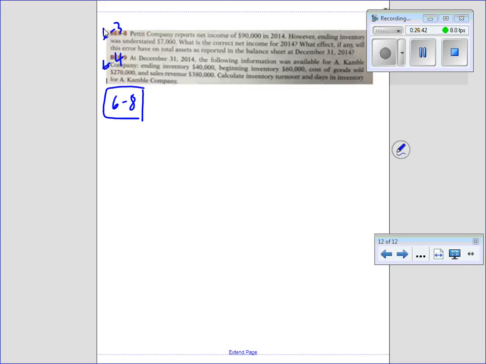We basically are taking a look at an overstating, understating issue and how that's going to affect the income statement and the balance sheet. Okay, remember, income statement is in relation to COGS and net income. Balance sheet is in relation to that inventory asset.